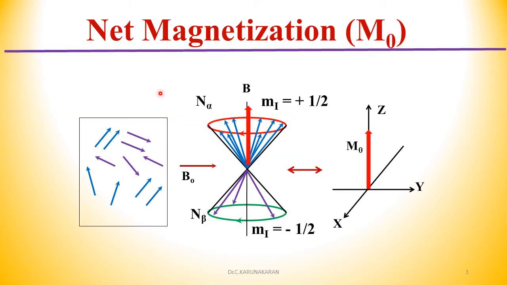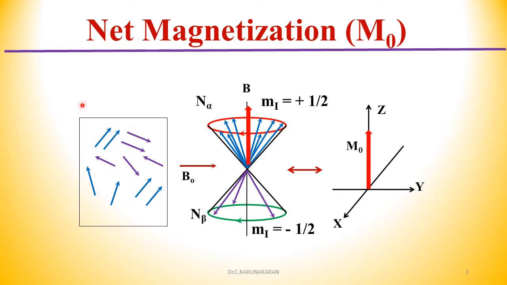To understand pulse NMR or pulse EPR, we need to know what is magnetization, what is net magnetization. Let us consider electron spins, either in clockwise spin or anti-clockwise spin. They are degenerate in the absence of magnetic field.